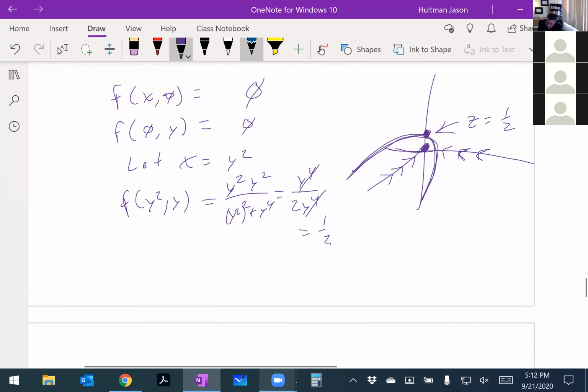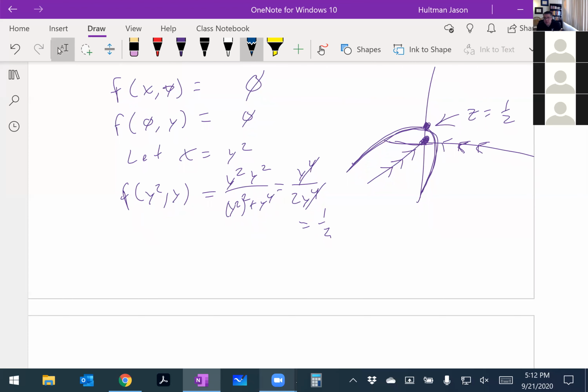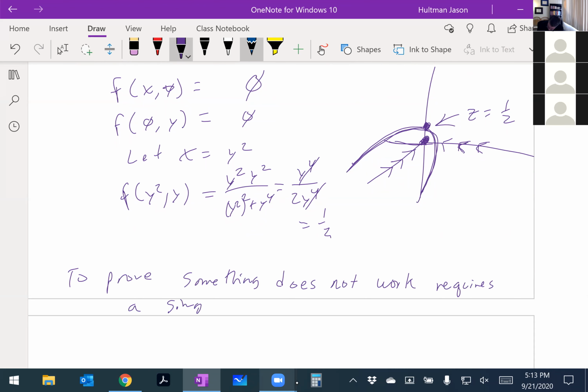Okay, so it's much easier to prove something doesn't work than something does work, right? Because what do you need to prove something doesn't work? To prove something does not work requires a single blank.